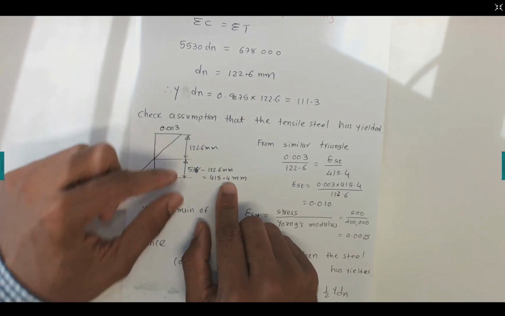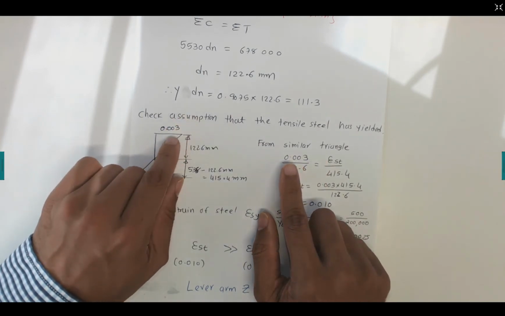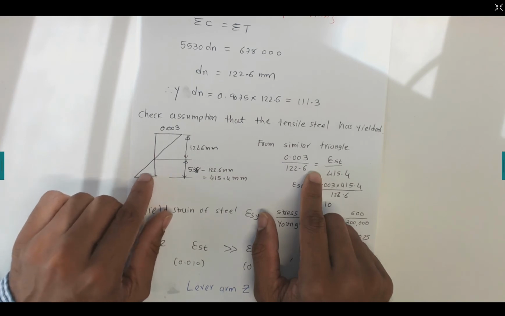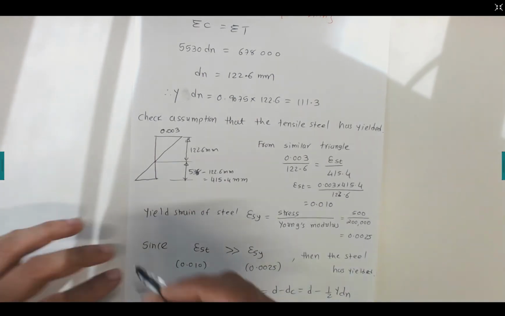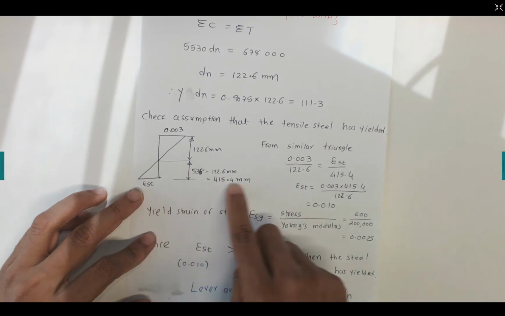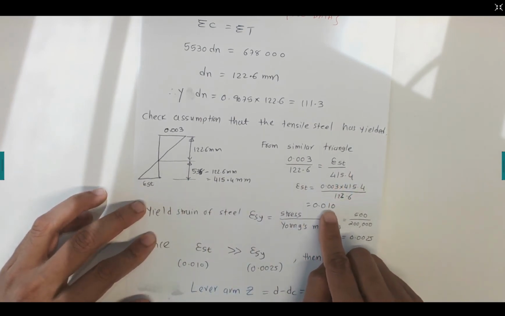So if you use the similar triangle concept, this strain divided by this distance equals the strain that we have, epsilon st. Then epsilon st divided by 415.4, so epsilon st can be 0.01.